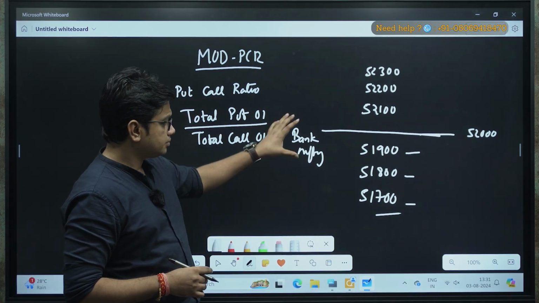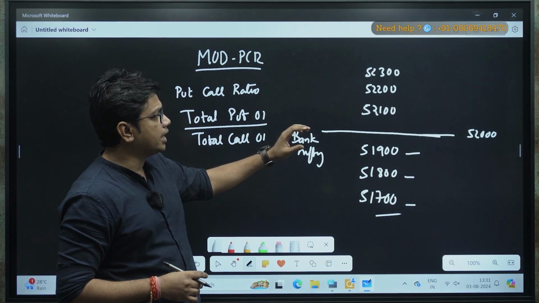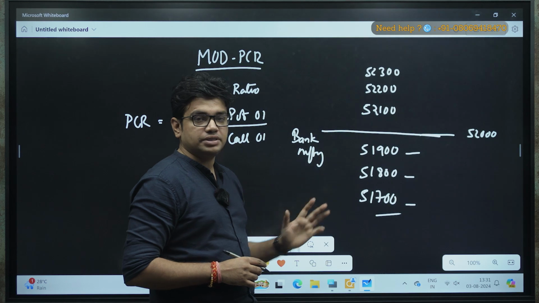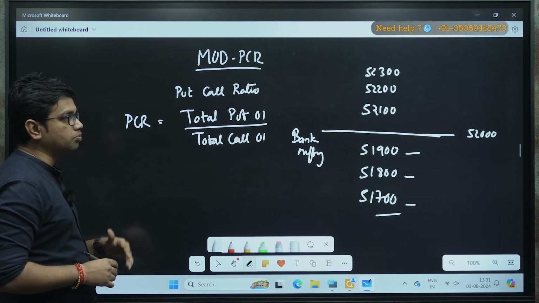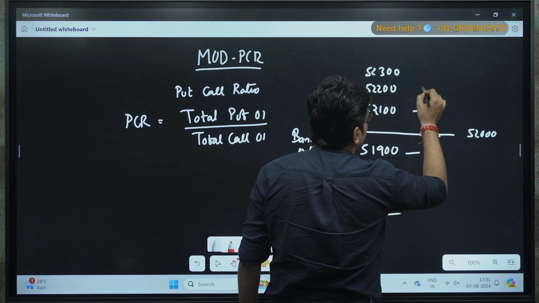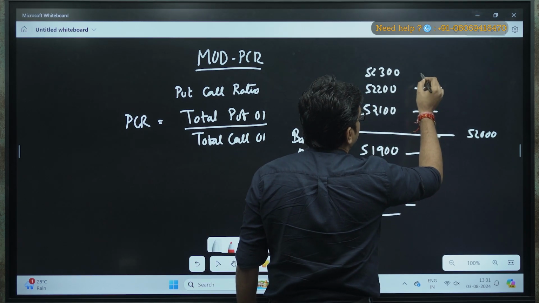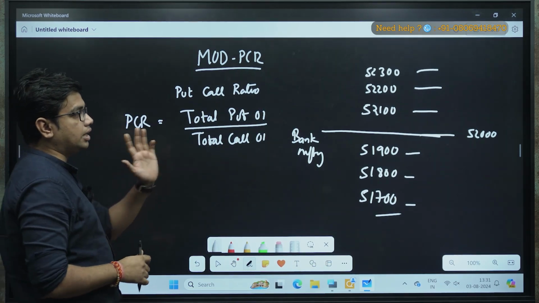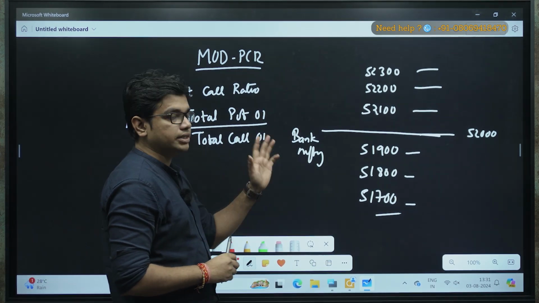Similarly the call option writers write their positions at the OTM levels. They have a perception that the market will not move beyond this particular point, that is 52,100, 52,200 and 52,300. This is how they write their positions, by identifying the strikes.